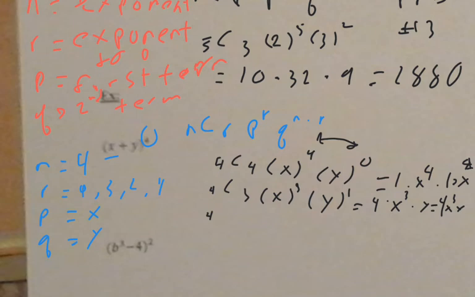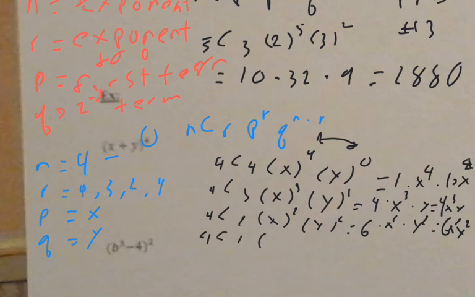Now we have our n value 4, C2 times x squared y squared, and that equals 4C2, which is 6, times x squared times y squared, which we get to equal 6x squared y squared.